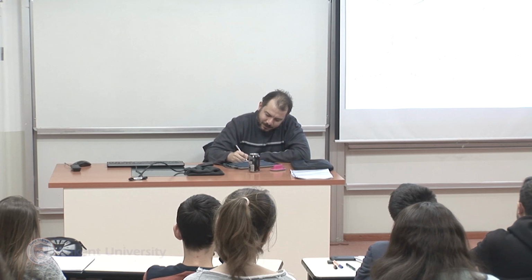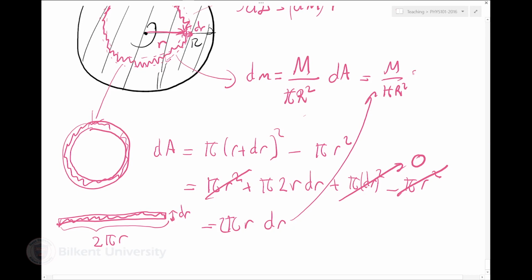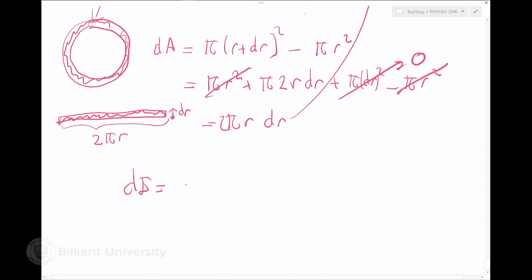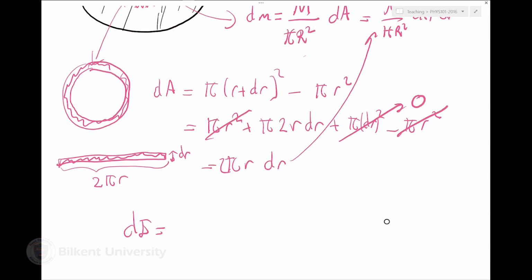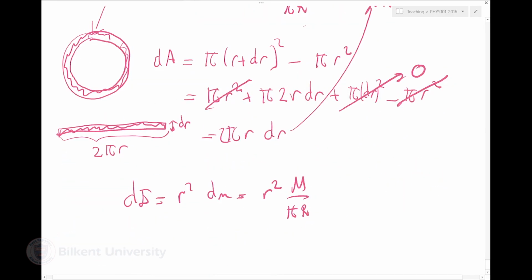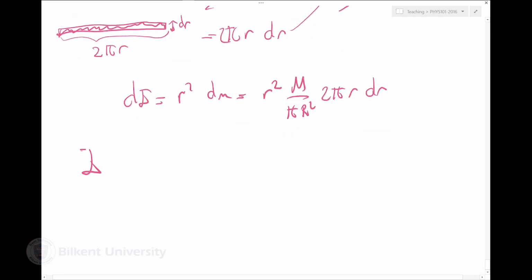So that's good. Let me just write it there. dm is going to be m over pi r squared times 2 pi r dr. So dI is dm times r squared. I'm just writing what I have here. r squared dm is r squared times m over pi capital R squared times 2 pi r dr. So what's the total moment of inertia?